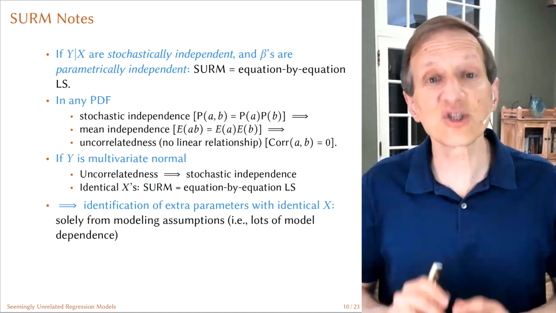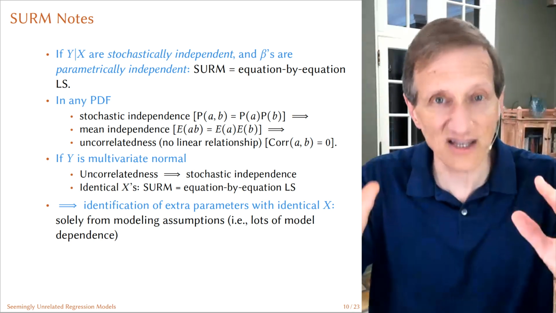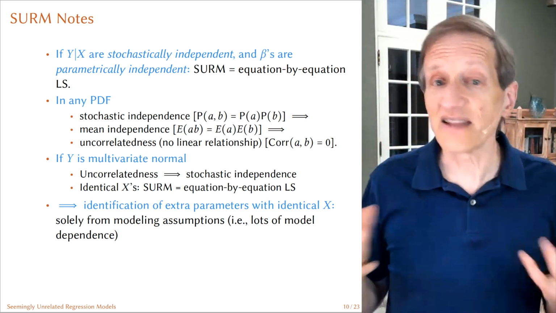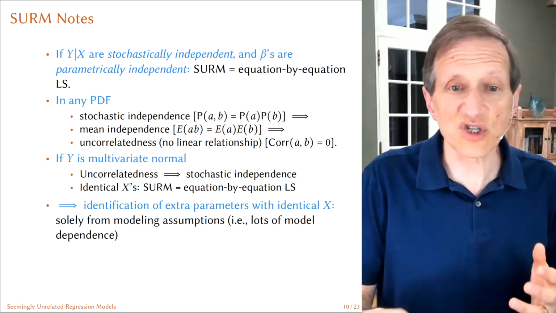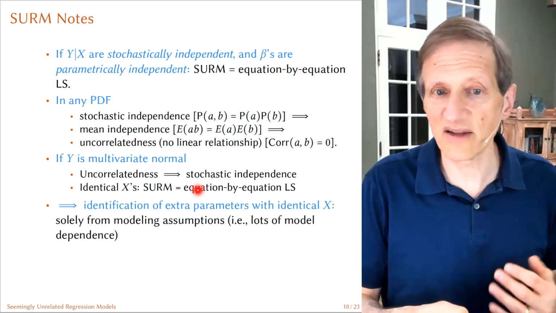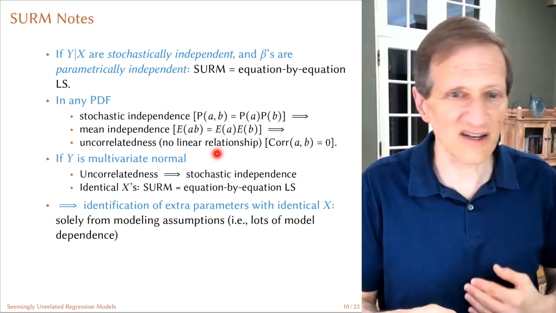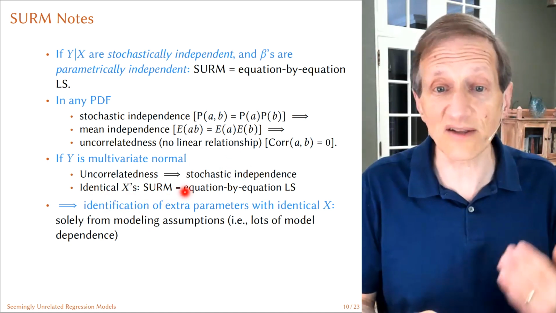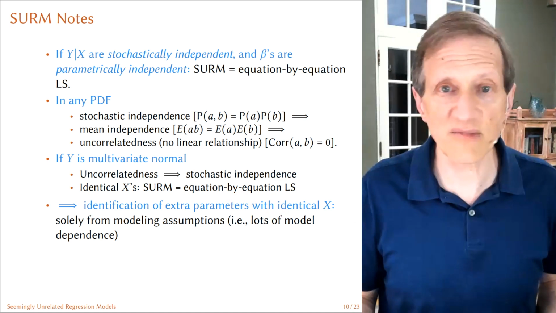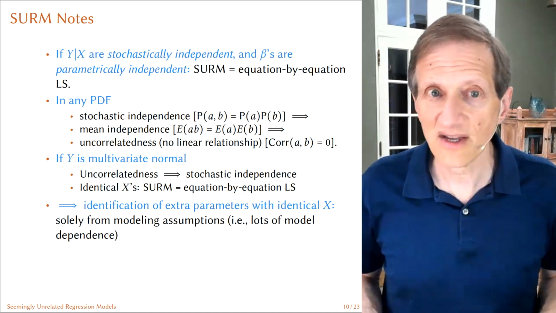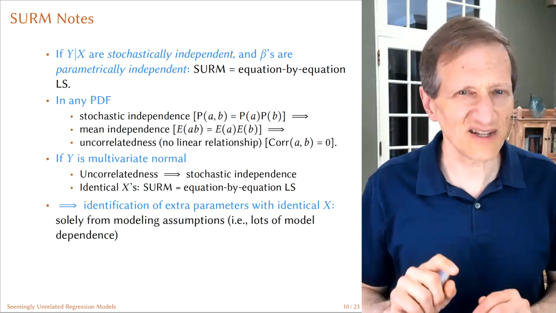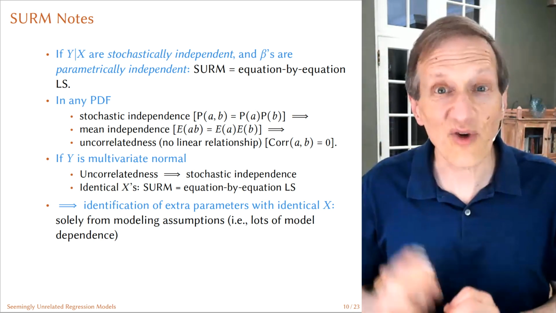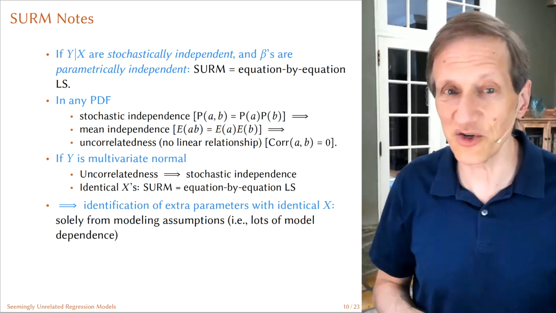So let's take a special case of a big nonlinear, non-normal model. Well, in that nonlinear, non-normal model, these results of uncorrelatedness implying stochastic independence and identical x's implying that the multiple equation model is equal to the equation by equation models, those don't hold, but they hold approximately, okay? They hold in the best linear normal approximation to whatever this person is doing, okay?